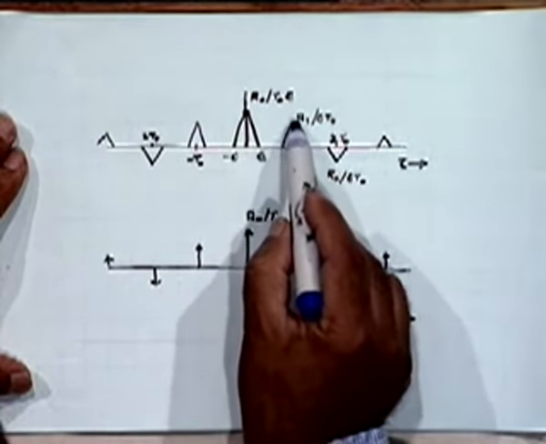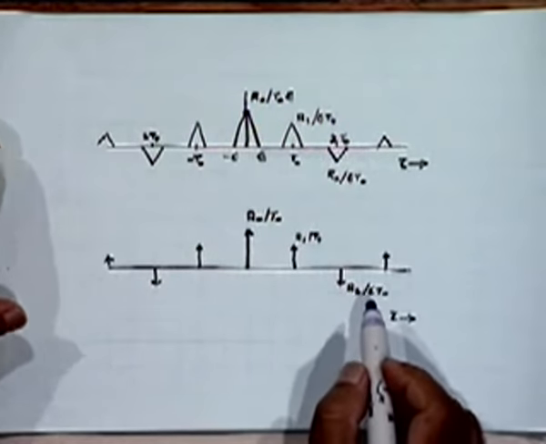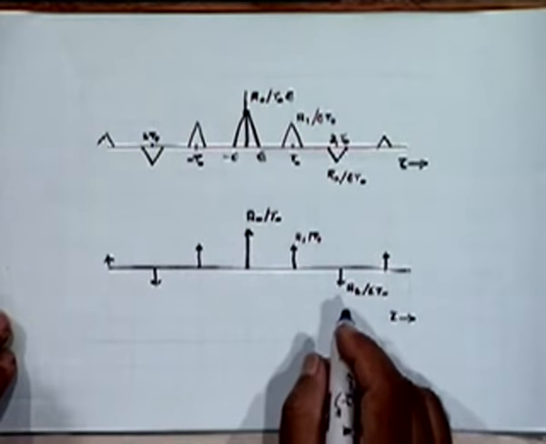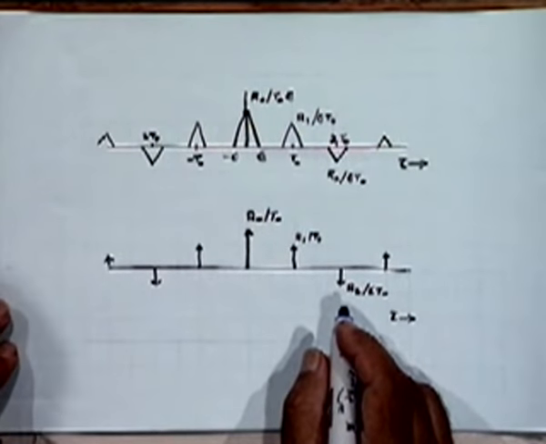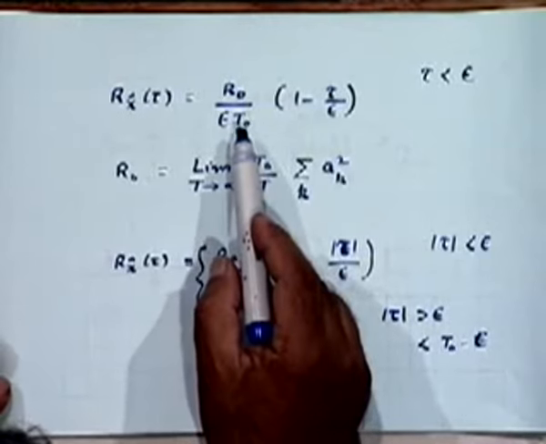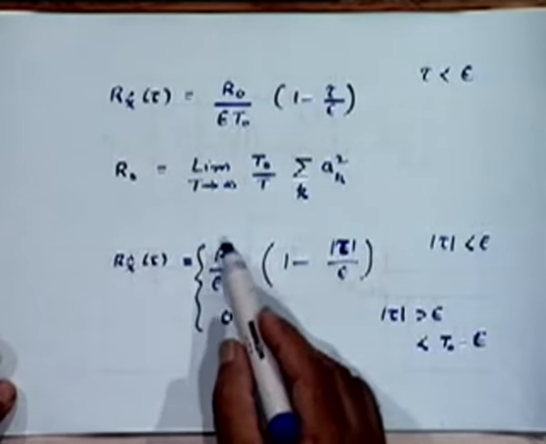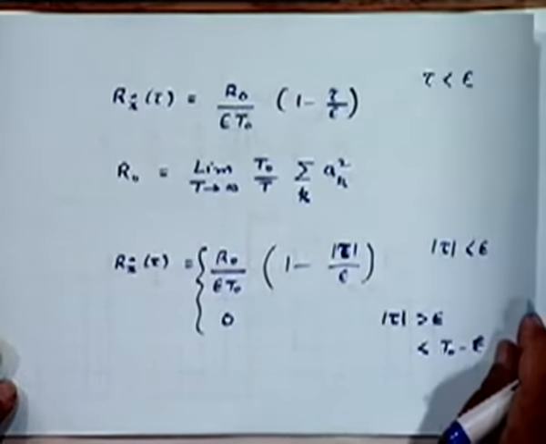Around t0 you have an amplitude which is R1 by epsilon T0, and so on. This R0 by T0 epsilon comes from over here, the amplitude of the triangle.